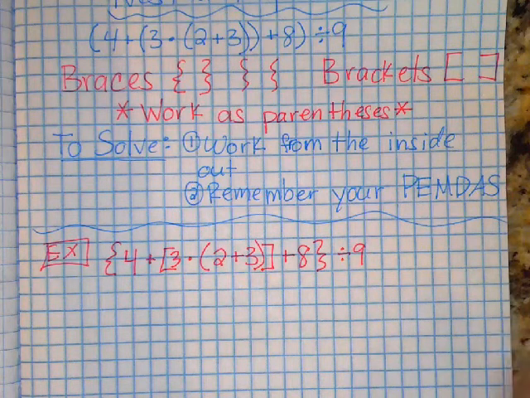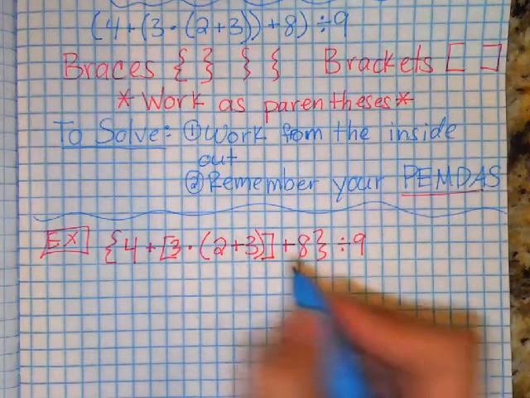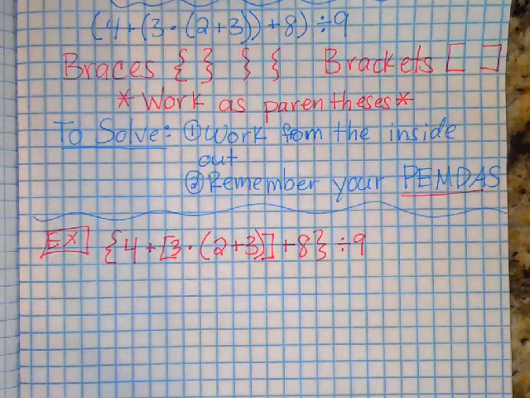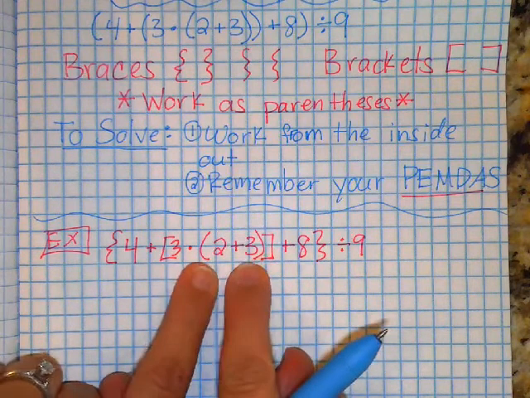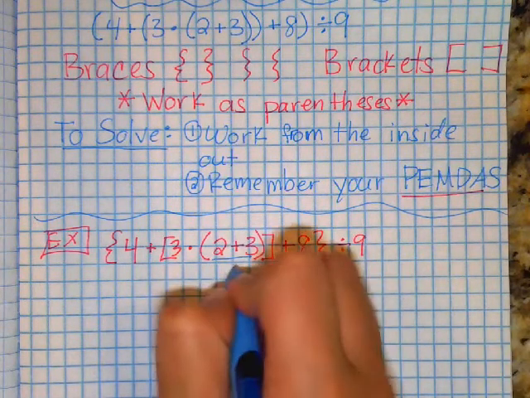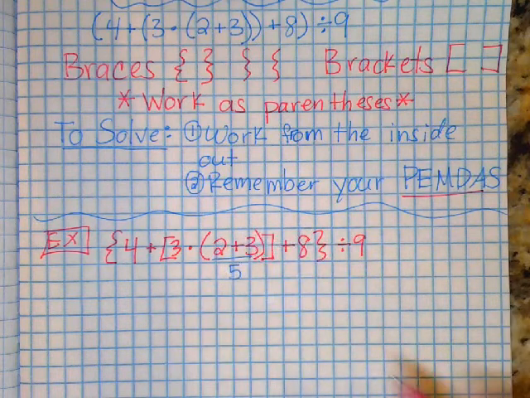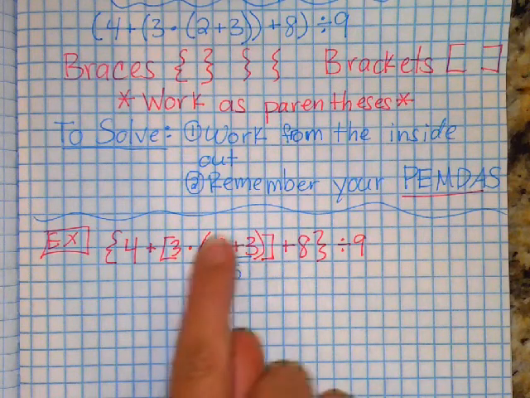And as always, we are going to remember PEMDAS. So what are we going to start with first? Well, inside out. It's not my braces, not my brackets, it's my parentheses. 2 plus 3. 2 plus 3 is 5. Then what I need to do is rewrite that expression.